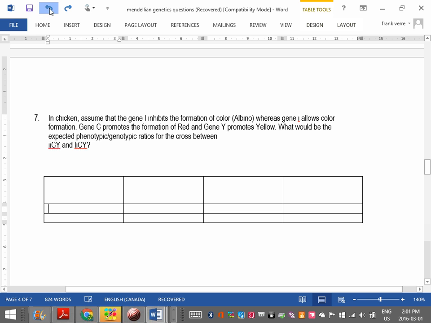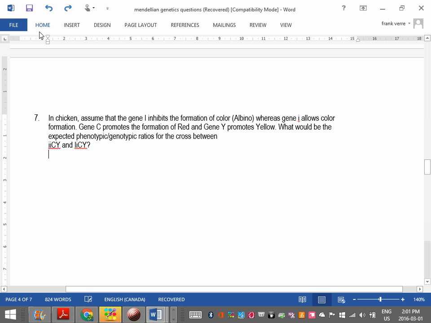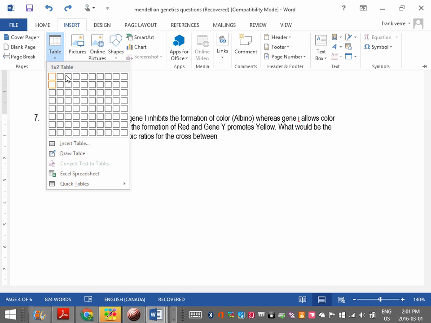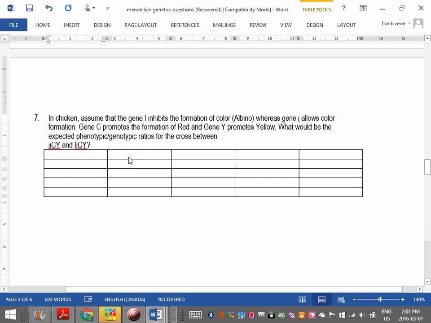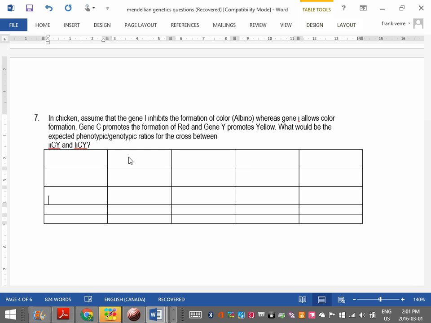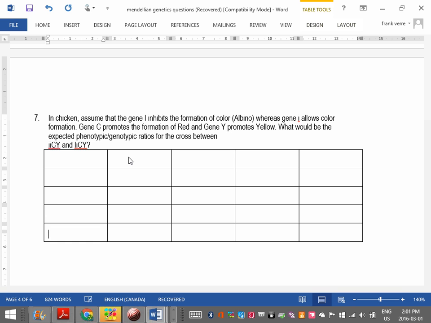Oh, lordy, lord. I thought I picked 4x4. Yeah, you're right. I'm going to do 5x5. Okay. Well, that's going to be a really big square.